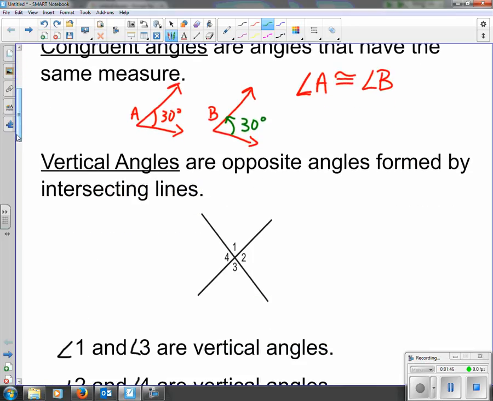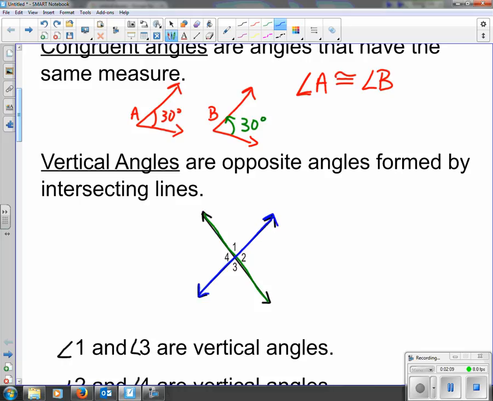Vertical angles are opposite angles formed by intersecting lines. So here are two lines that I drew that are intersecting. This line here is intersecting with this line here, and angles are formed because of it.